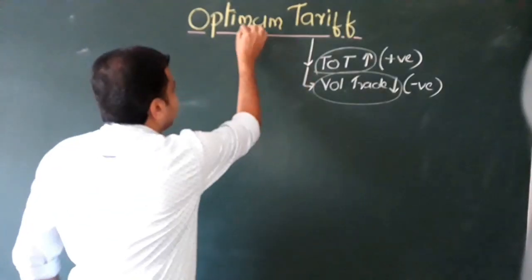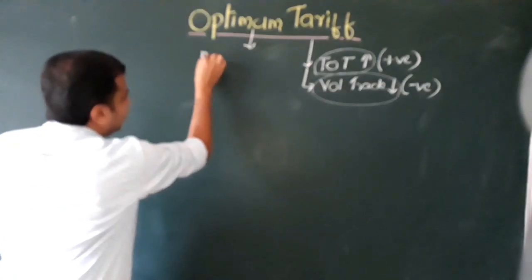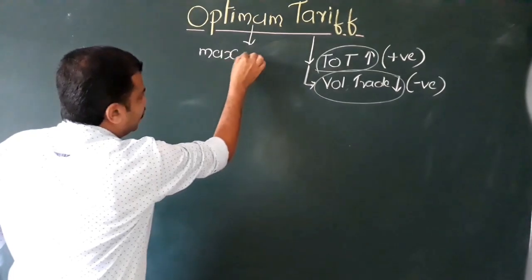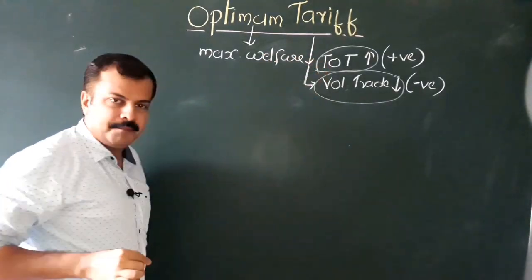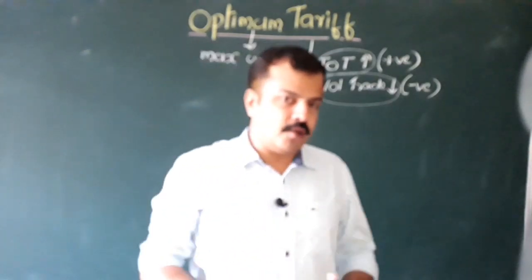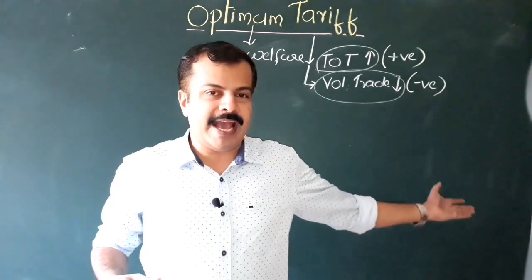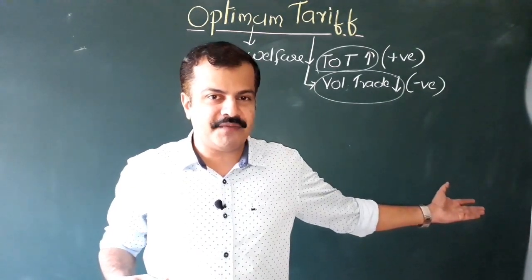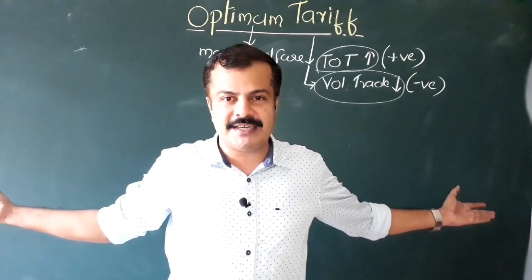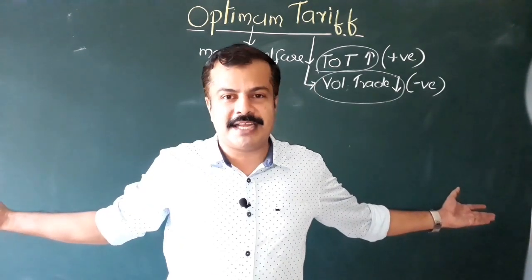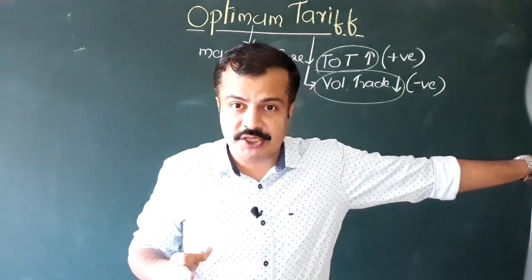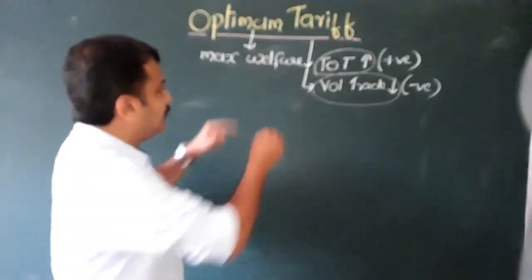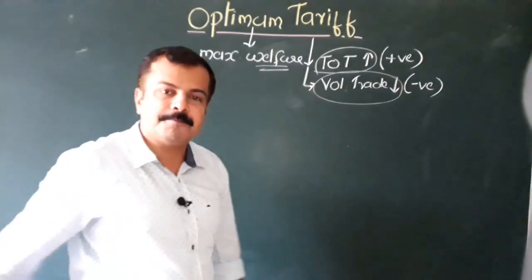So optimum tariff is nothing but the rate of tariff that maximizes the country's welfare, because tariff has at least two effects. One has a positive influence on welfare, the other a negative influence, and the optimum tariff focuses on that rate of tariff that maximizes the country's welfare.